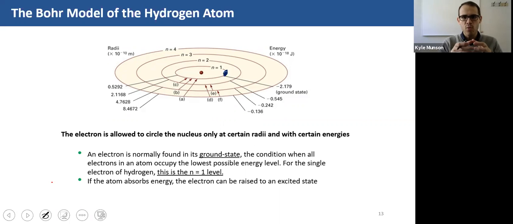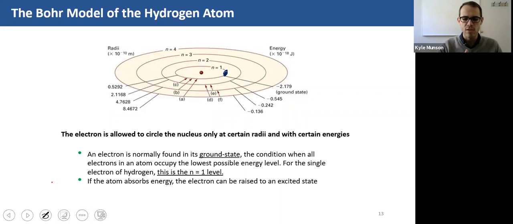Each one of these rings is a different distance away from the nucleus, and it also corresponds to a different energy, which we're going to talk about in a later video. So the electron can't exist in between. It's got to be at one level or the other level. There's no in between.